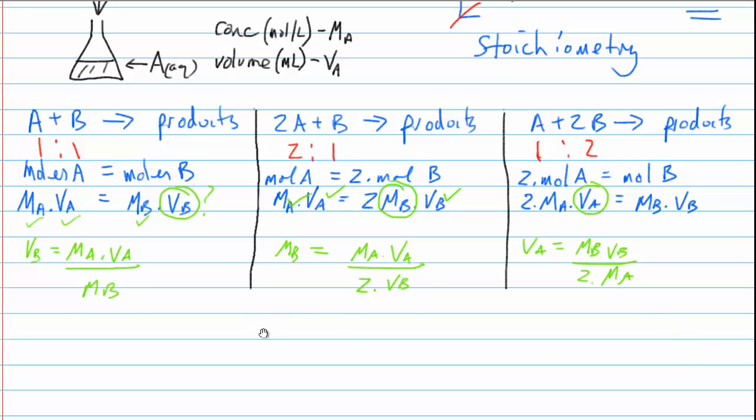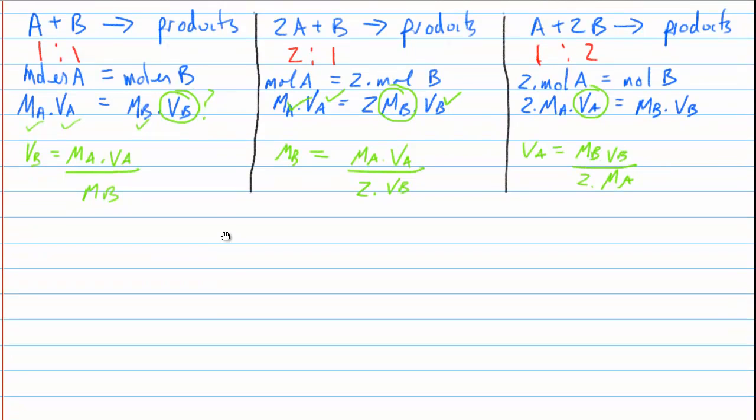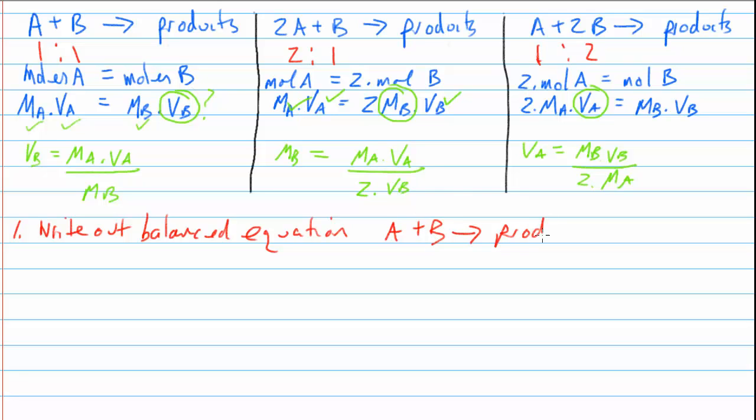Okay, so to summarize problem solving in titrations, there are really 3 main steps that we need to take care of when doing these problems. So first of all, always write down the balanced chemical equation. You know, whether it's A plus B going to products, showing the stoichiometry of the reaction.